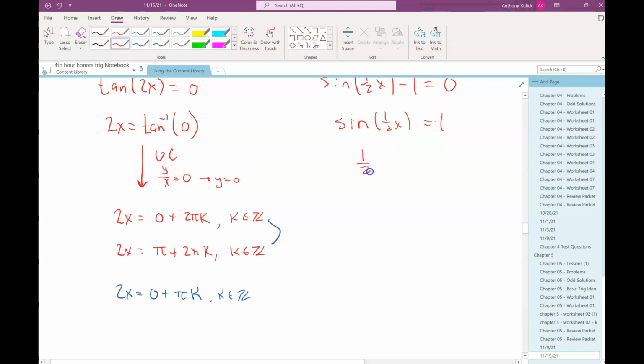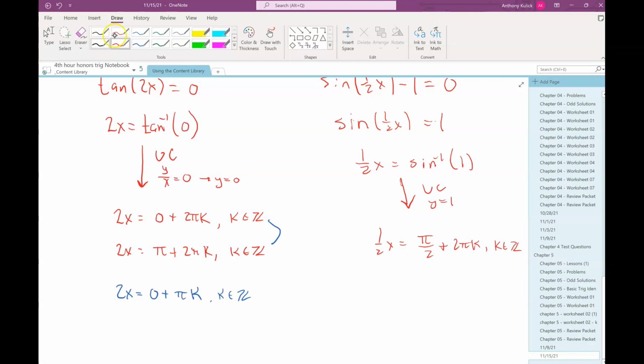So we add 1 to both sides. And we'll do the sine inverse to both sides. So go to the unit circle where y is equal to 1. So that happens at pi over 2. And then again, we need the plus 2 pi k's on there. Okay.